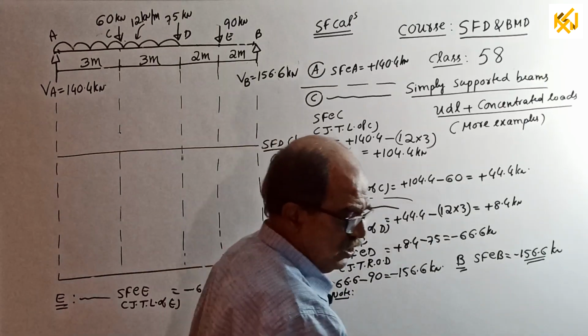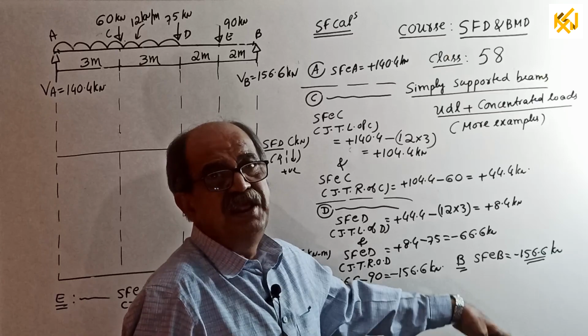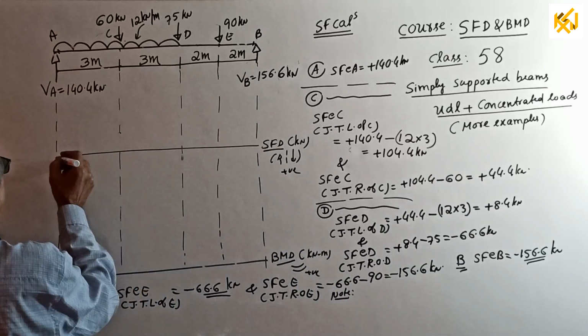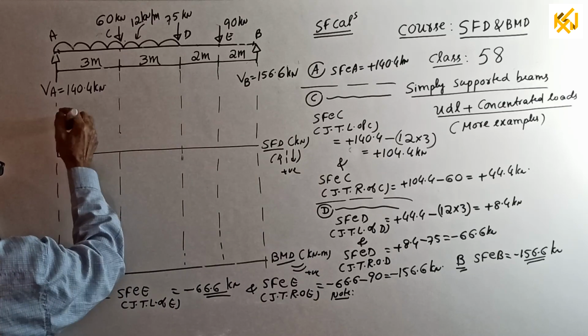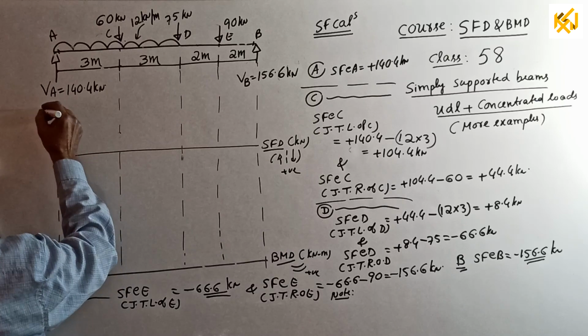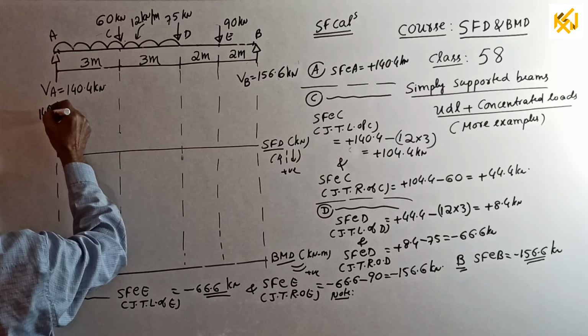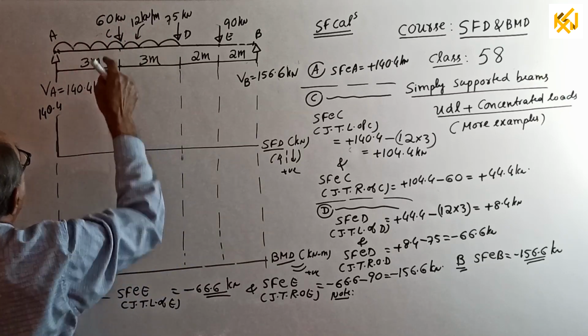But I told you to draw SFD, you need not look at any of this calculation. Just take your calculator, start. Start from here. Go up by 140.4. From A up to C, come down by 12 into 3.